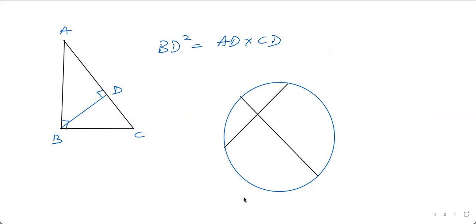So we have PS, and this is R. This is perpendicular, and we have T and we have Q here. Now by internal division of chords, we will write RS into TS equals PS into QS.